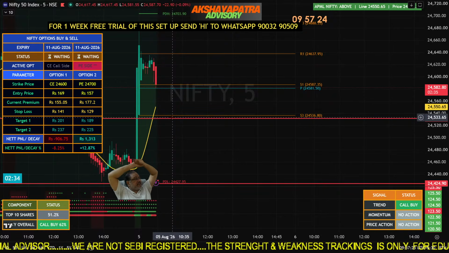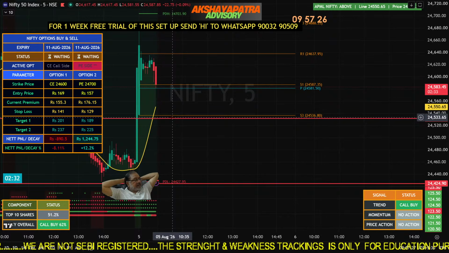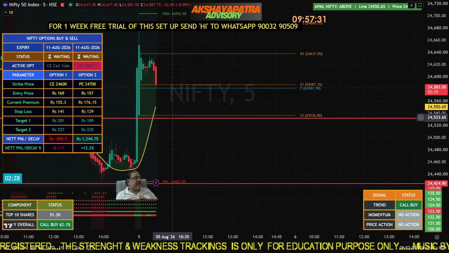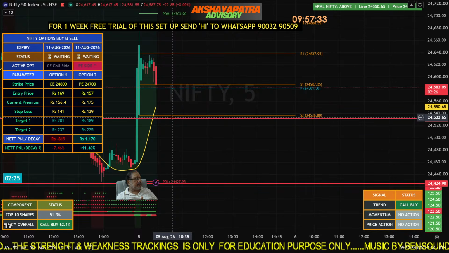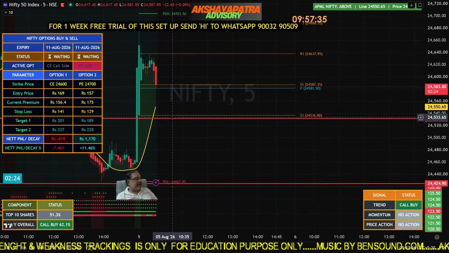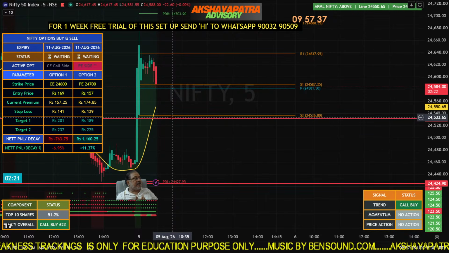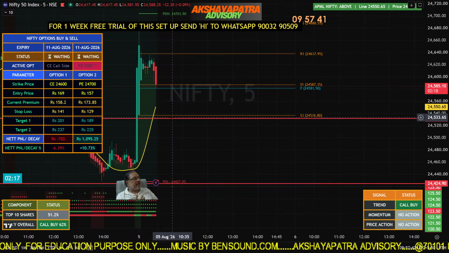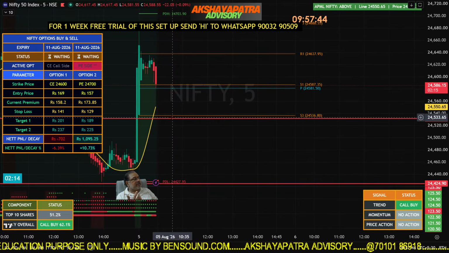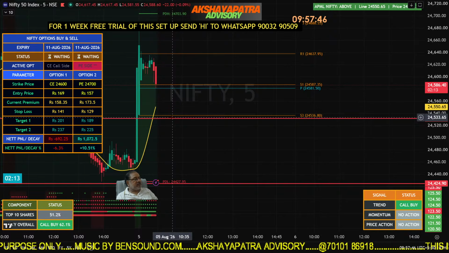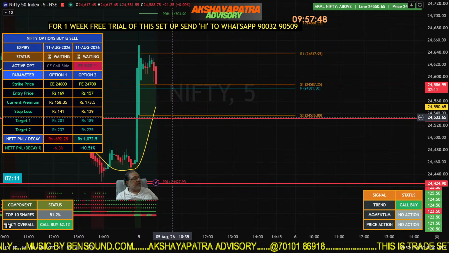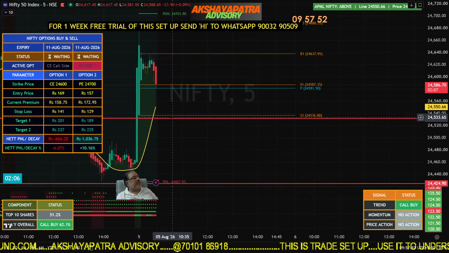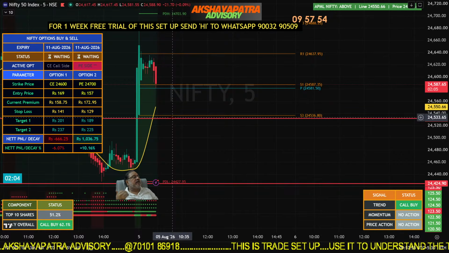Because today being the first day of this week's expiry, the option traders would like the Nifty to move up and down so that they will be able to sell both sides for the week, especially those who are writing strangles and straddles. Assuming you have decided as an option seller that 24,400 to 24,700 is going to be the range, you will be able to sell and collect good premium only if Nifty comes down below 24,500 or 24,440, something like that.